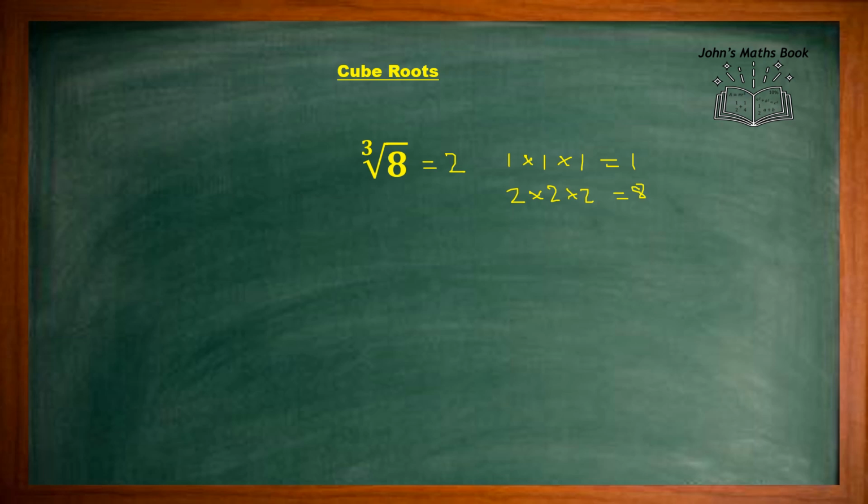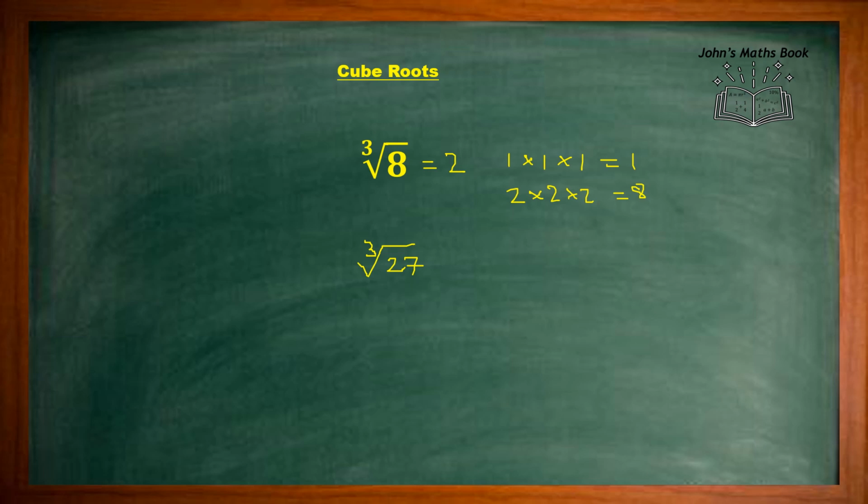Let's take another example. Let's look at the cube root of 27. So again, we ask what number, when multiplied by itself 3 times, gives us 27. So let's look at some more multiples. Now we've looked at 1 and 2.